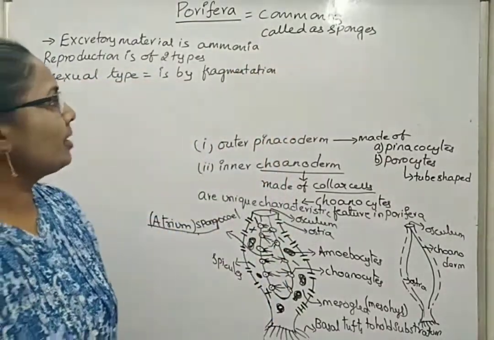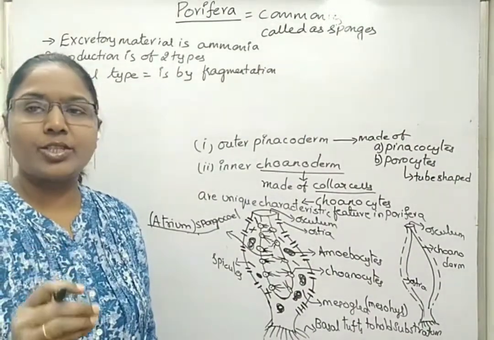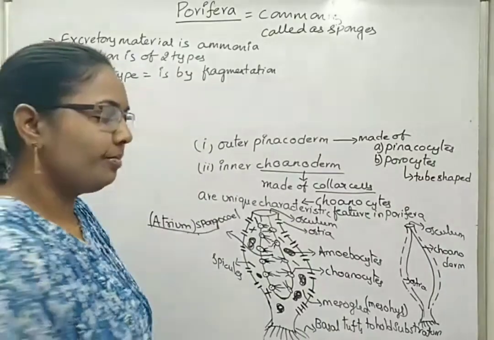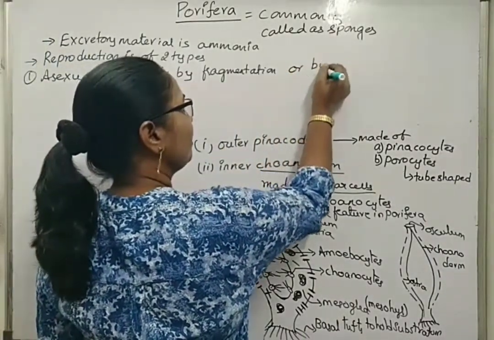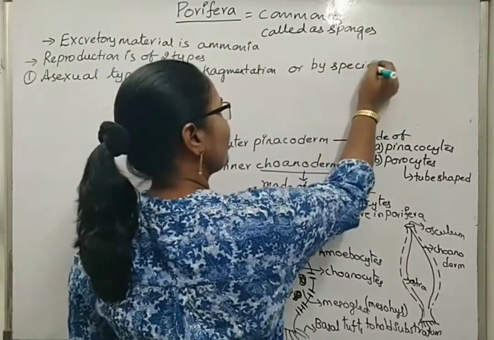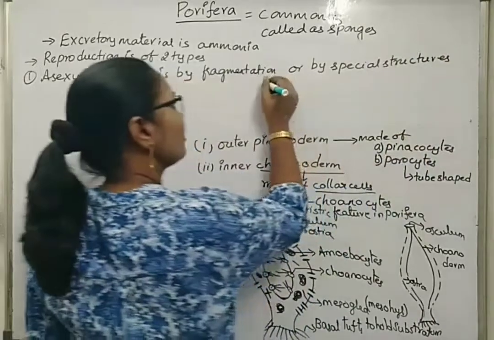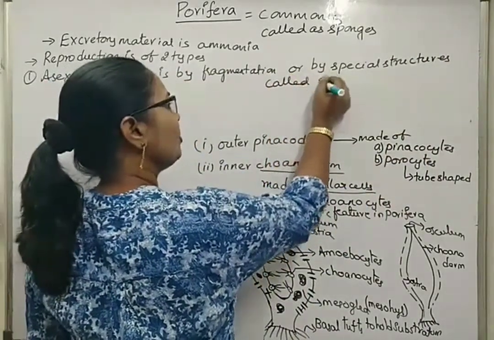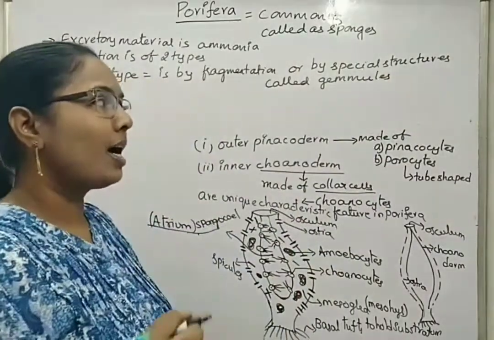This is by the fragmentation method or by the formation of special structures called gemmules. These gemmules have archaeocytes.